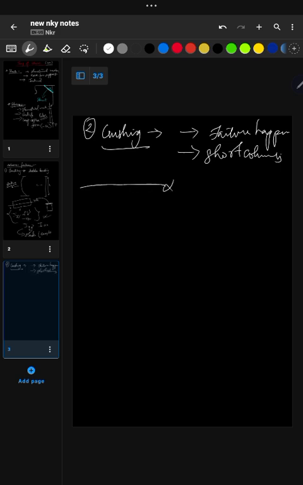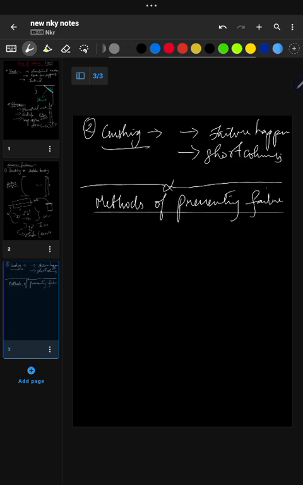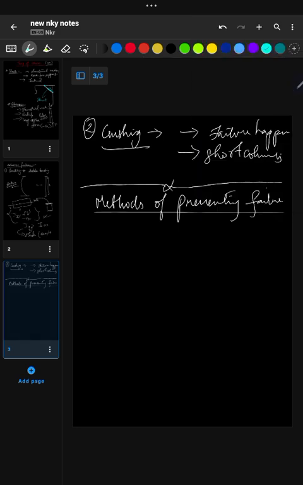After these two failures, we learn the methods of preventing failure. From the GATE point of view, only one method is important, that is one and only Euler's theory of long columns.